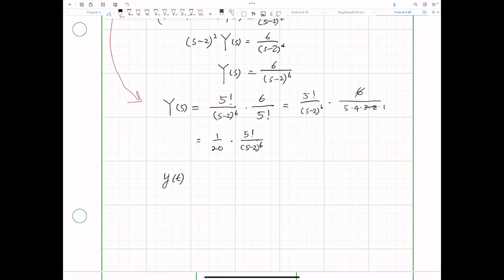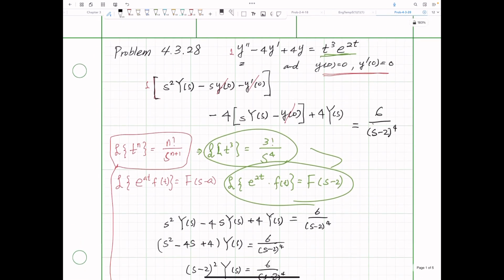The inverse Laplace transform gives y of t equals 1 over 20 times this whole thing: t to the 5, and then the first translation, s minus 2, will give us e to the 2t.